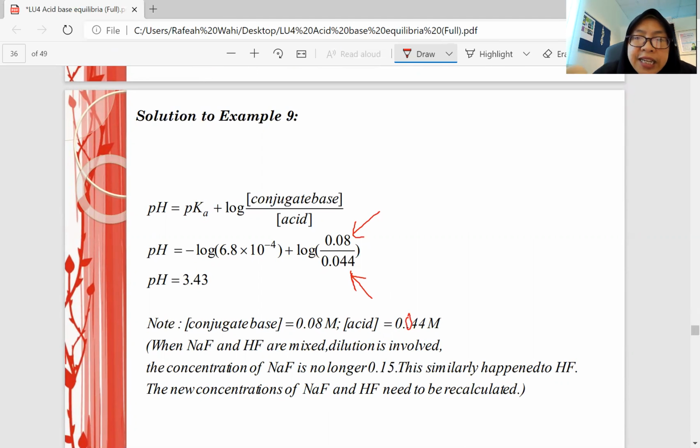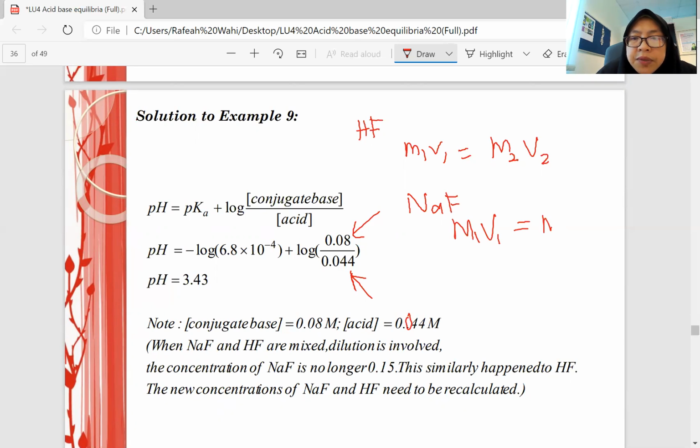Okay, how do you recalculate? You use M1V1 equals M2V2. So you calculate both HF and also NaF, using the same formula. You know what V2 is, which is 80 ml.